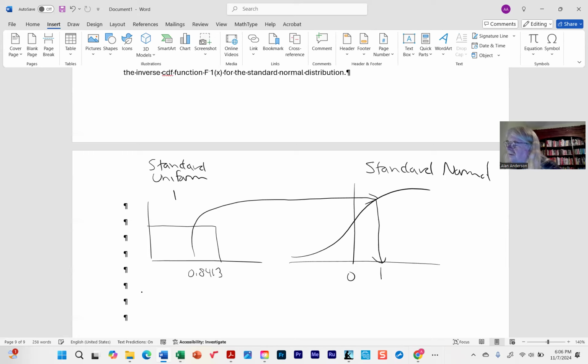The difference between the two is that this is the probability density function. This is the inverse CDF.